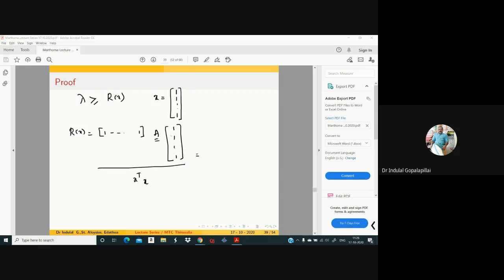And when we multiply A with this column vector, what we get is a column vector. First row multiplied with this is the first row sum, R1.